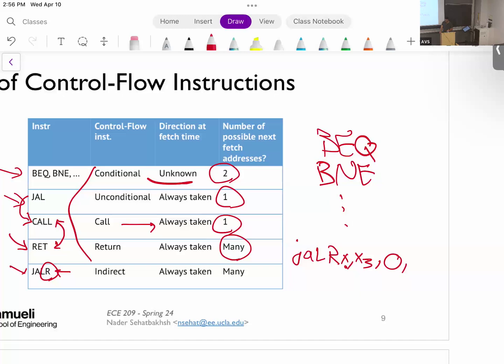So it means that whatever value is stored in this source register, we're going to jump to that address. And since this value could be any arbitrary value, we could jump to any place that we want. But what is important here is that this one is also always taken. So indirect branch is always taken. Just the address is unknown during compile time, and during fetch time.